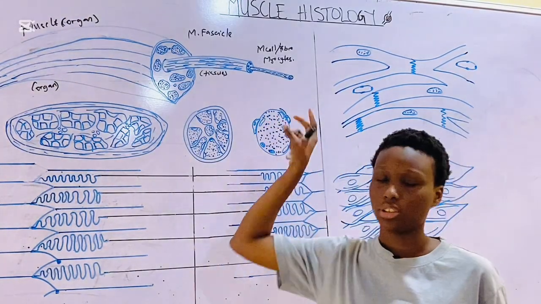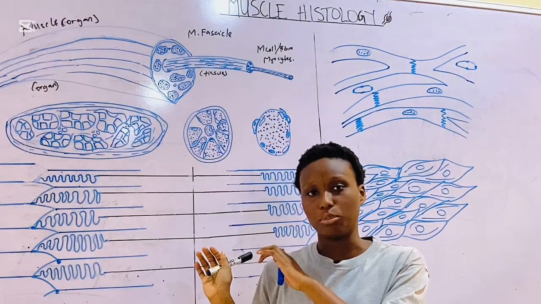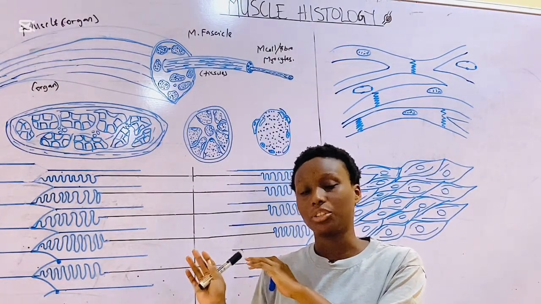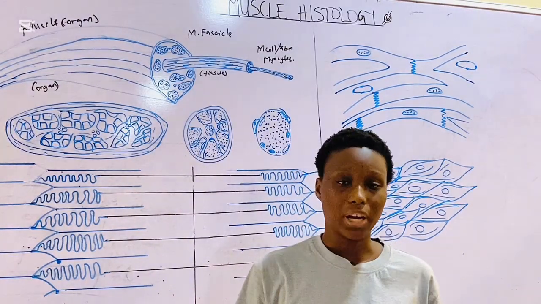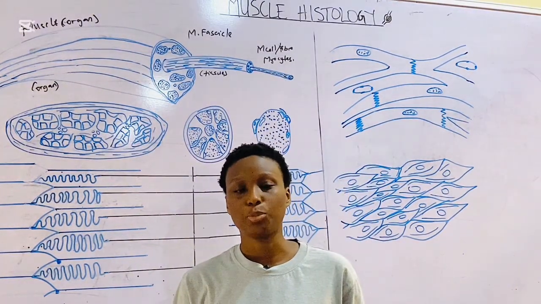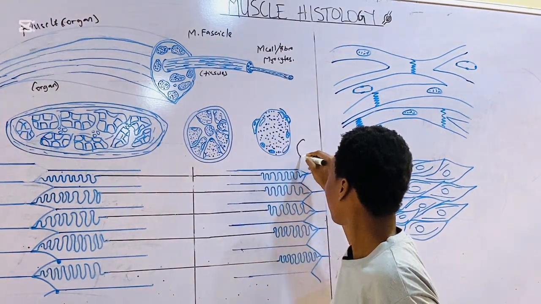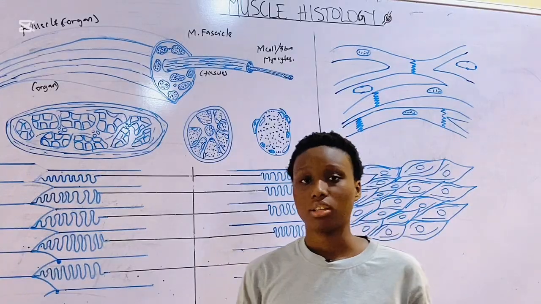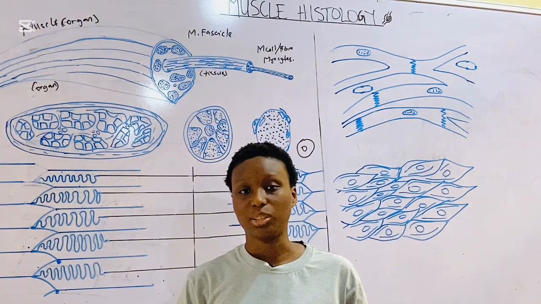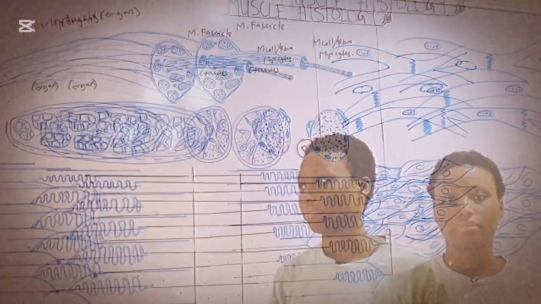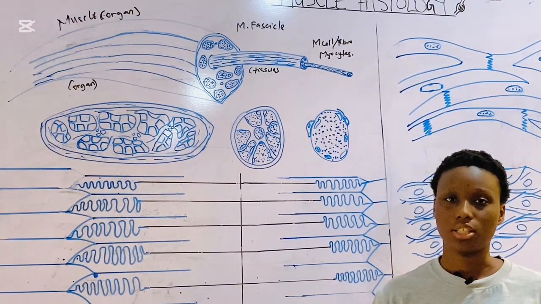So this cell alone actually has 3 nuclei. This is just an exemplar cell, and it already has 3 nuclei. Another thing about the nuclei of the muscle fiber in skeletal muscle is that they are peripherally located. In our elementary cell, the nucleus is centrally located, but in the muscle fiber of skeletal muscle, the nuclei are peripherally located.